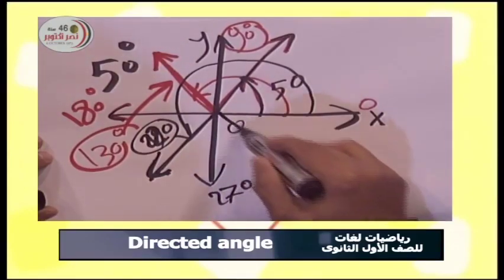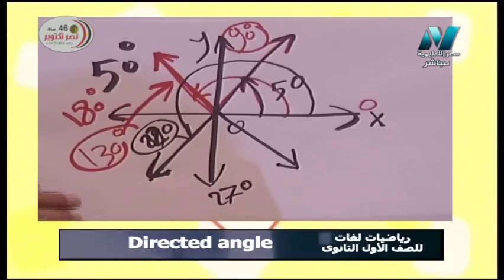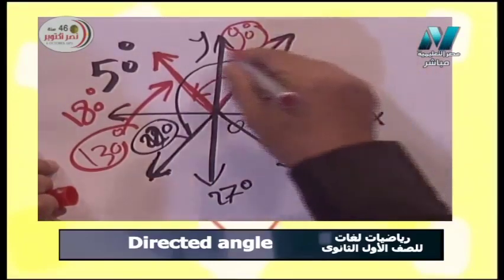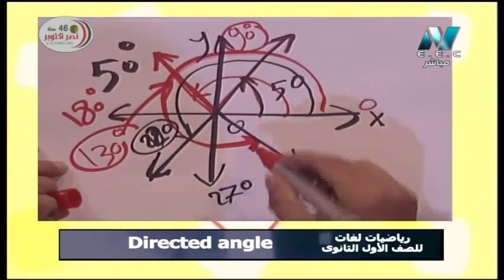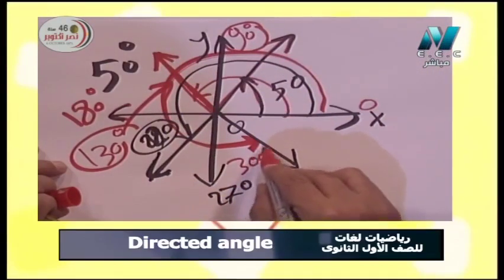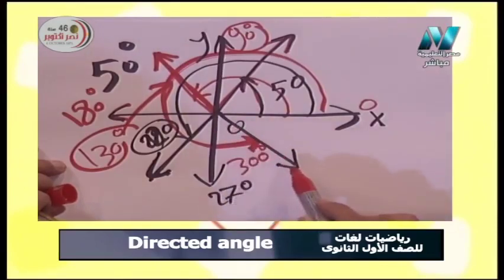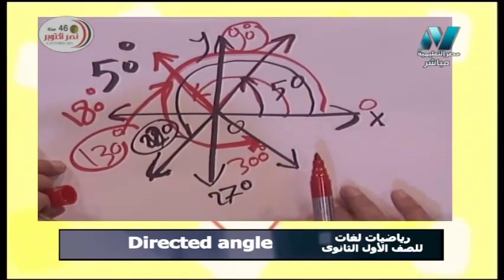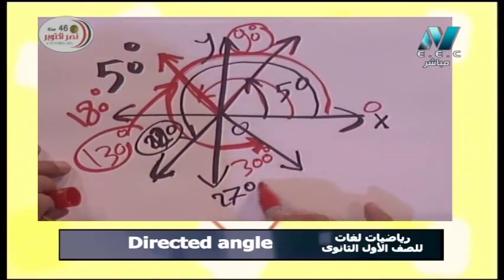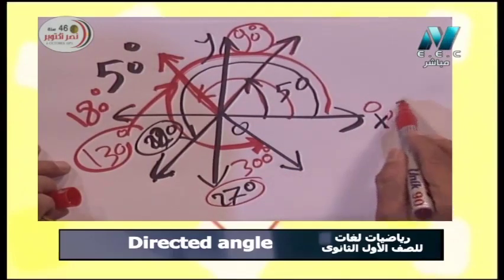And if we have the terminal side here, the angle may equal 300 degrees. 300 degrees lies in the fourth quadrant because it is included between 270 and 360.